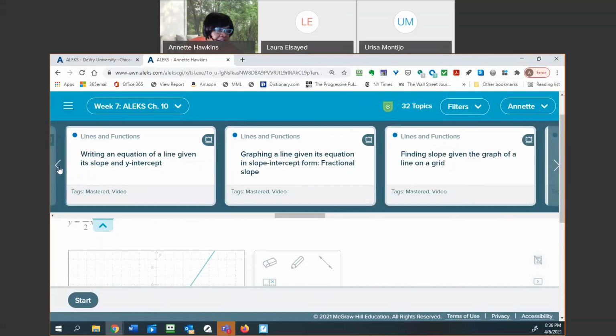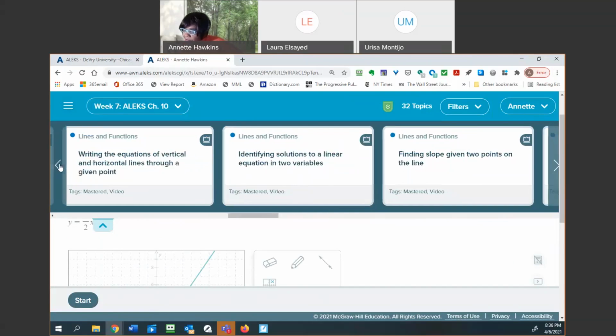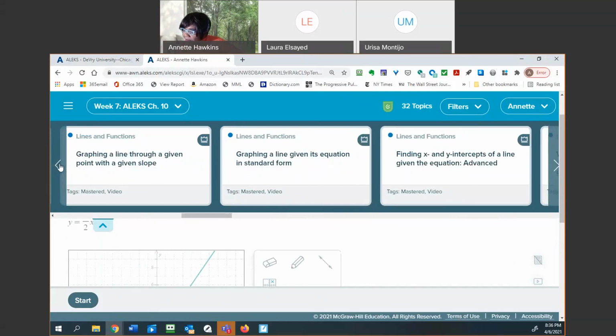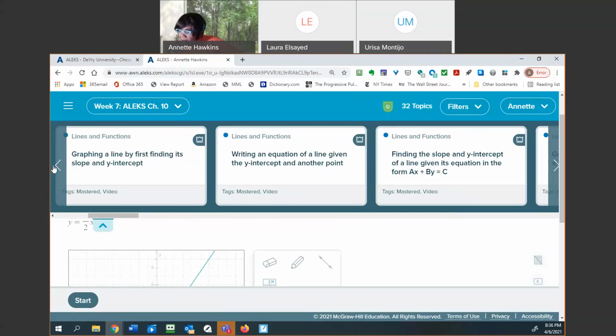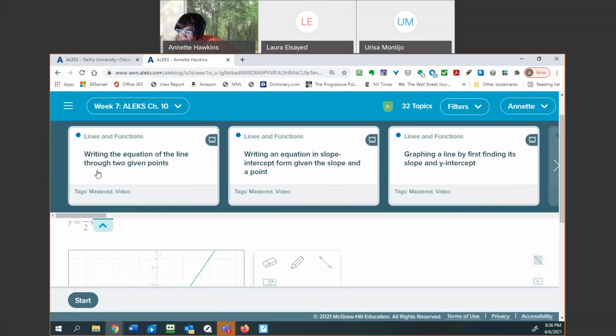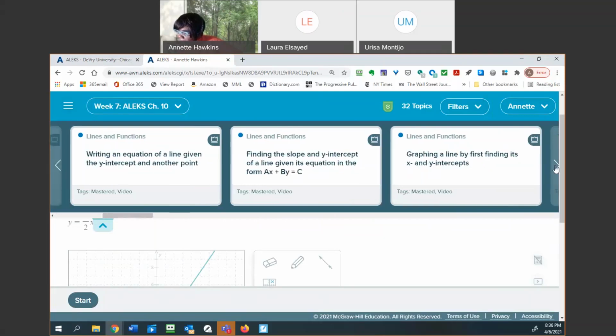Let's see, graphing a line and its equation and slope-intercept.